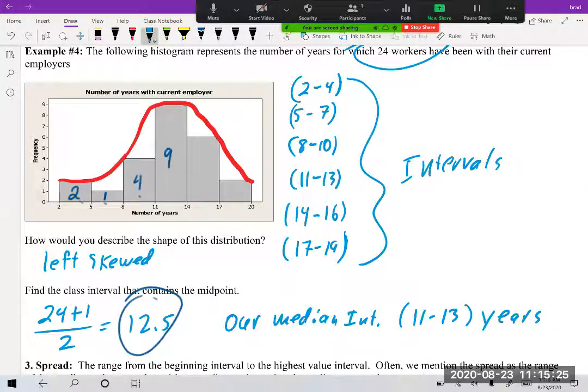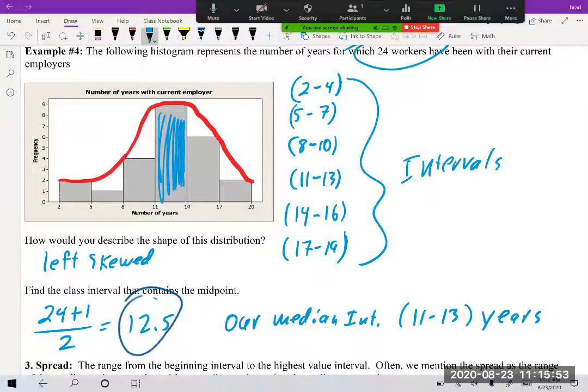So do you guys see how I did that? I counted. Here's 2 plus 1 is 3, plus 4 is 7, plus 9 is 16. So somewhere in between here and here, I got to 12.5. Well, I can't say that this has the median in it because we've only accounted for 7 people at this point. So somewhere in this histogram, we passed the 12.5 person, okay?